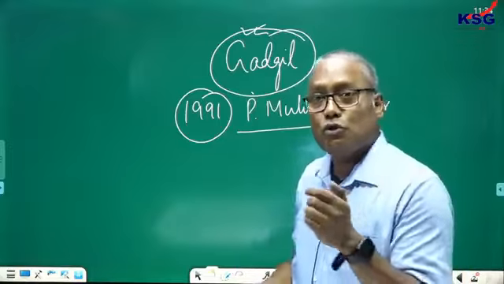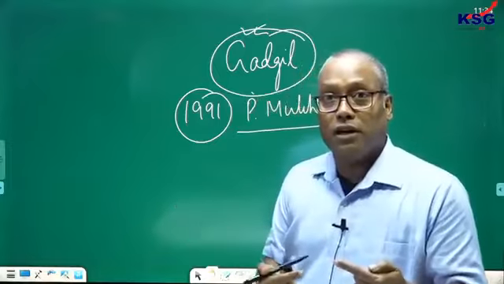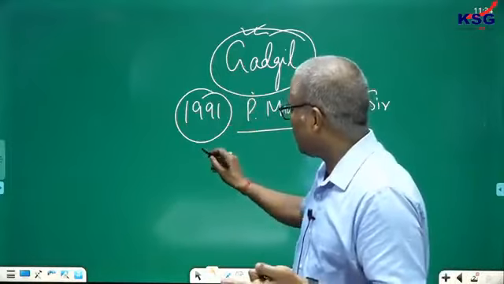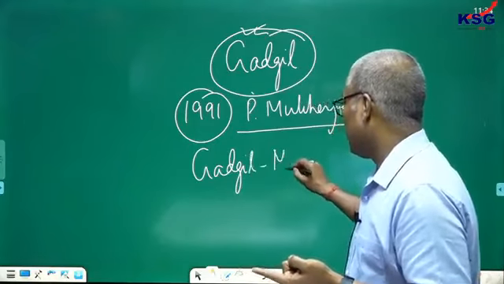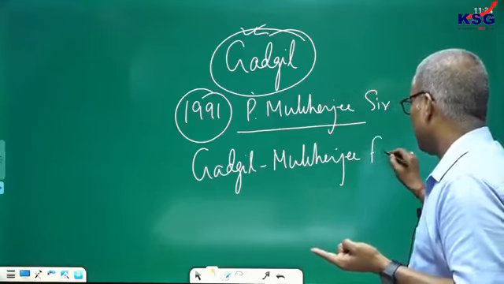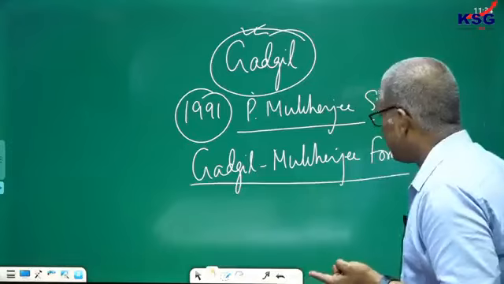Clear? So after reviewing, this committee recommended the formula, and after this committee's recommendation, the Gadgil formula became known as the Gadgil-Mukherjee formula.